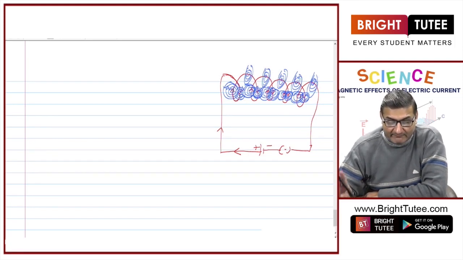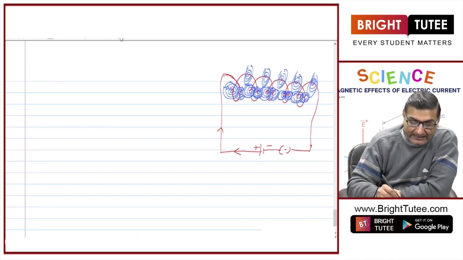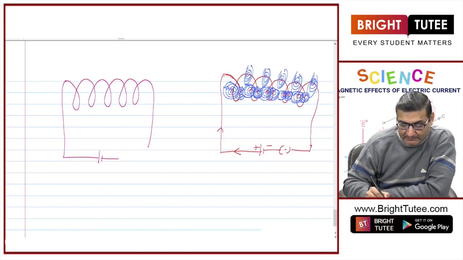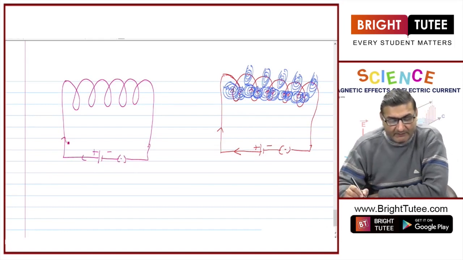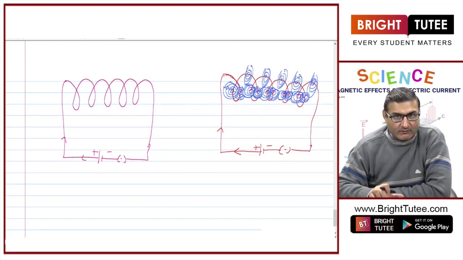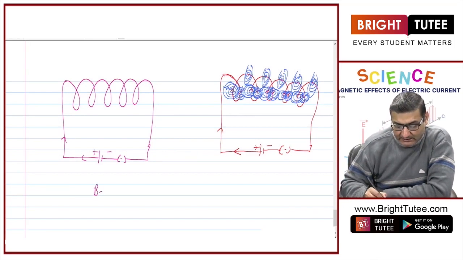That is, when I see this particular wire in totality, like this was my initial wire with loops. This is a cell or a battery and a plug-in key, plus minus, current going on. A very unique observation was that this particular coil as a whole behaved as a bar magnet.